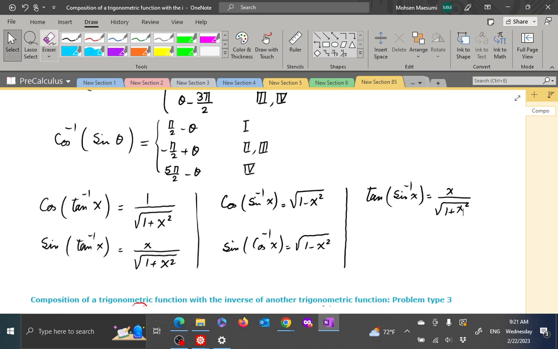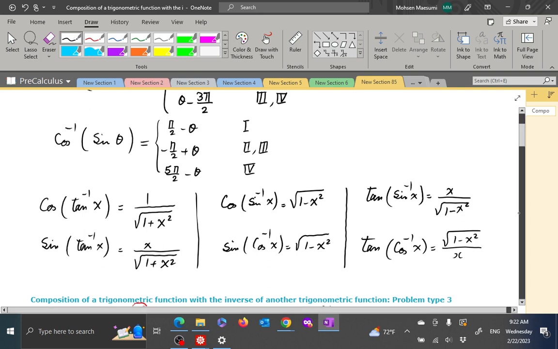Sorry, my mistake. Let me correct this. Tangent of sine inverse of x is x over radical 1 minus x squared, and tangent of cosine inverse of x is radical 1 minus x squared over x.